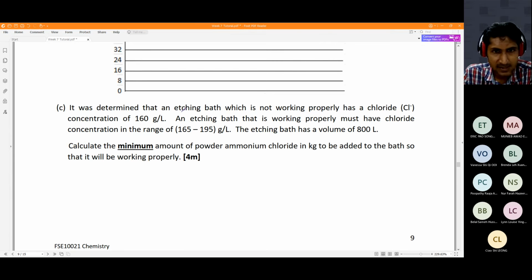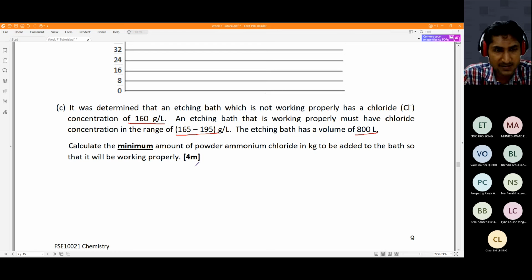It was determined that an etching bath which is not working properly has a chloride concentration of 160 gram per liter. An etching bath that is working properly must have a chloride concentration in the range of 165 to 195 gram per liter. The etching bath has a volume of 800 liter. Calculate the minimum amount of powder ammonium chloride in kg to be added to the bath so that it will be working properly.